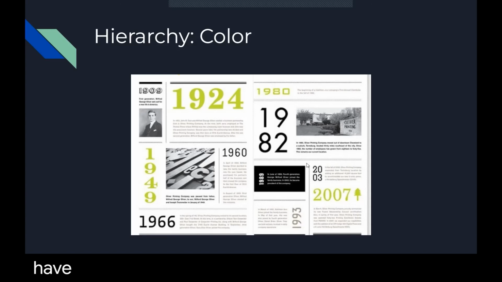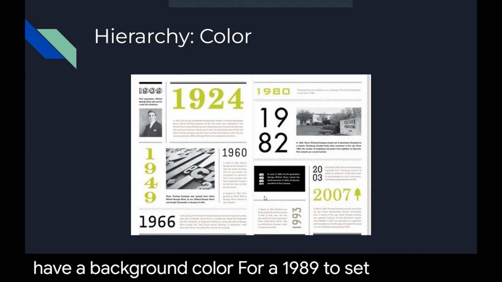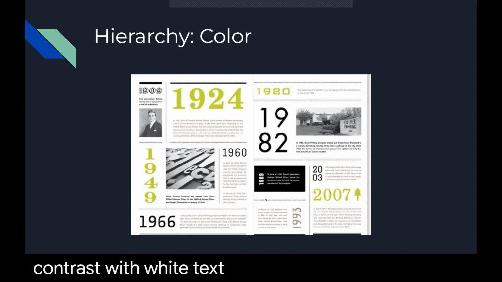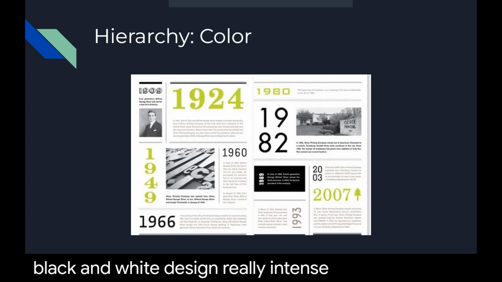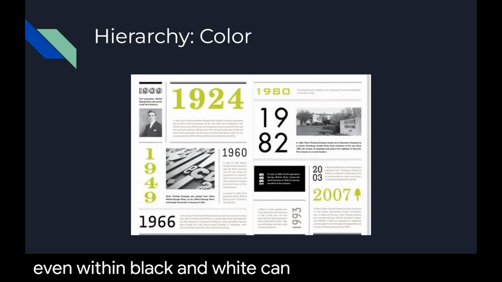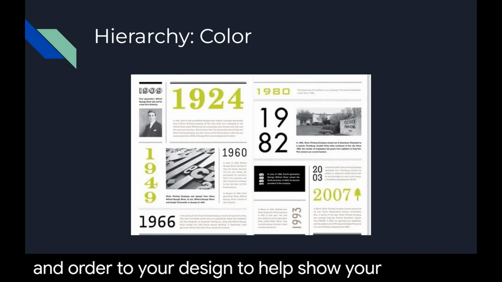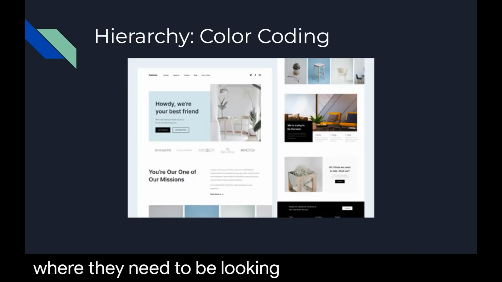We also have a background color, which is black, being used for 1989 to set up a contrast with white text. So even if you're using a black and white design, really intentionally using color, even within black and white, can help create hierarchy and order to your design to help show your viewer where they need to be looking.